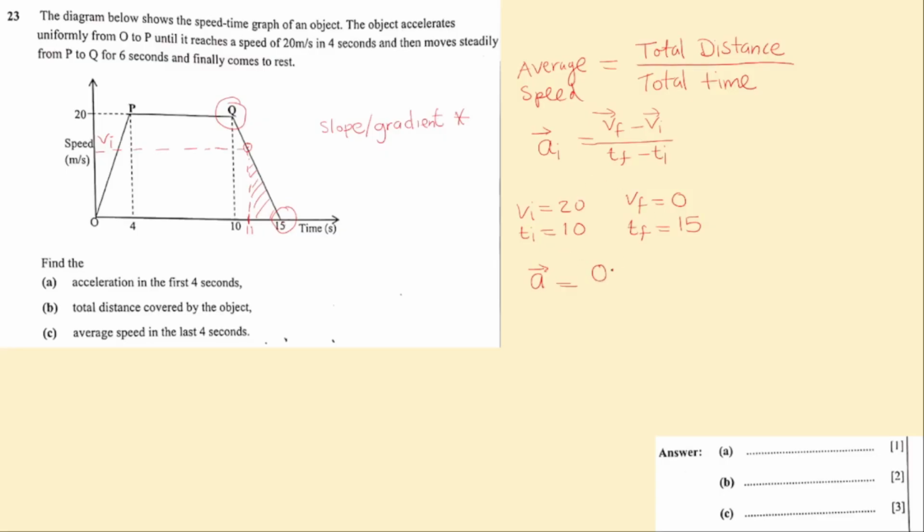So final velocity is 0. Initial is 20. Final time is 15. Initial is 10. When we subtract these values, we are going to have negative 20 over 5. So the acceleration is a negative 4.